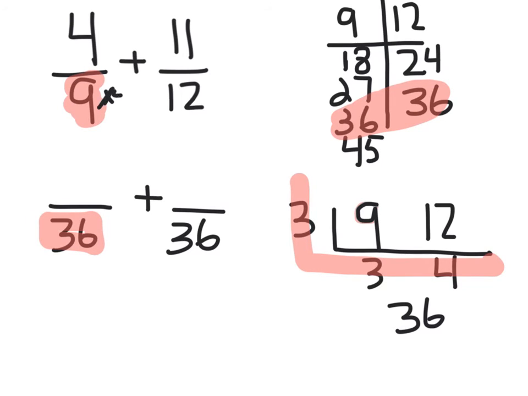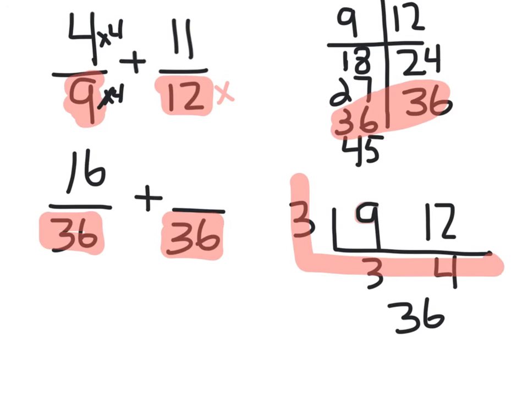What you do to the bottom, you must do to the top. What I'm really doing is multiplying by 4/4, which is 1, so my value doesn't change. So now 4 times 4 will give us 16. And now I'm going to go over to the next fraction, and what did I multiply 12 by to get 36? Well, I multiplied by 3.